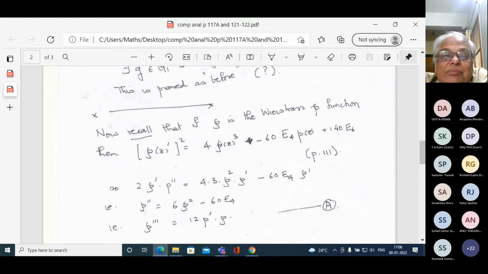Take the derivative of that. You get 2P prime P double prime is equal to 4 into 3 into P prime squared minus 60 E4 P prime. Therefore, I can cancel P prime, and you'll get that P double prime is equal to 6P squared minus 60 E4.